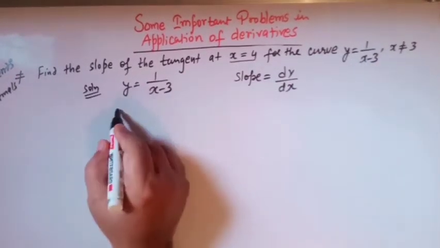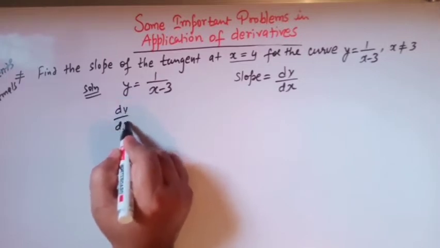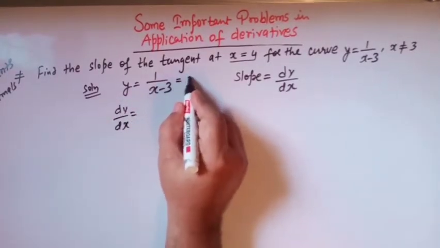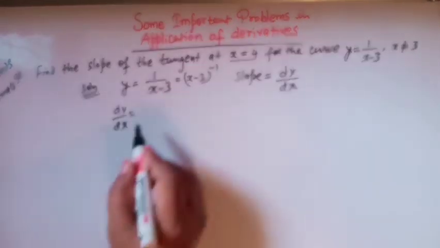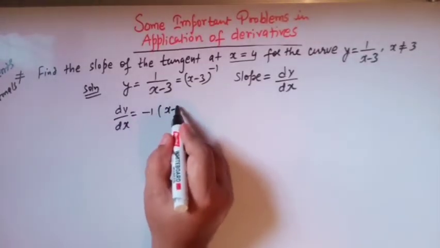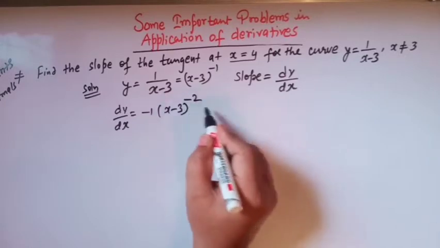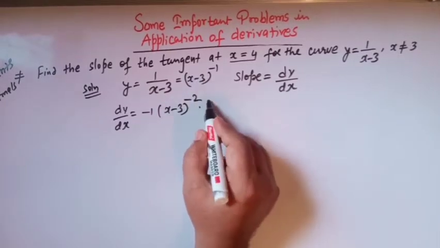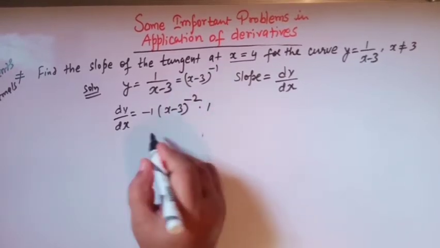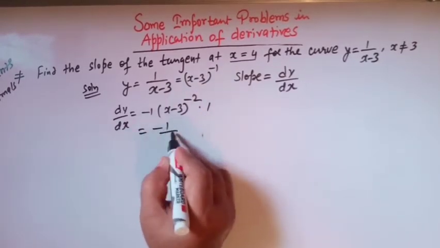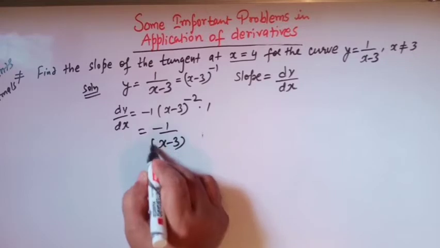So the derivative dy over dx, we can write it as x minus 3 raised to minus 1. So we have minus 1, x minus 3 raised to minus 2, and by chain rule we have 1. So this is minus 1 over x minus 3 whole square.